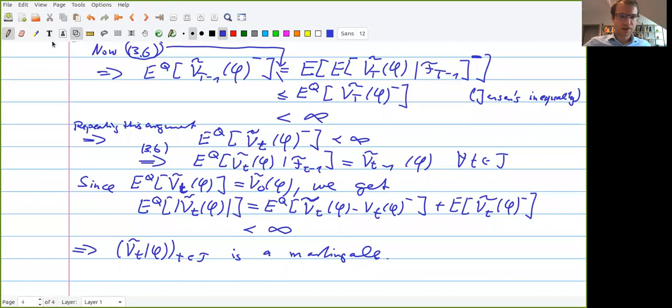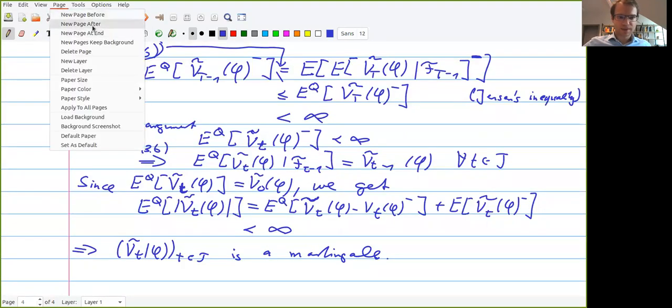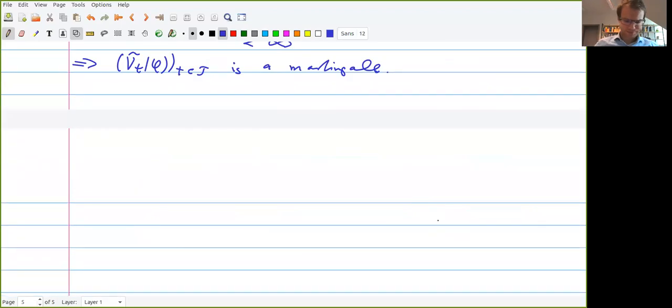I think I need an extra page. So I think before the end of the lecture, we at least can prove one of the implications, and this is 3(i) implies 4.